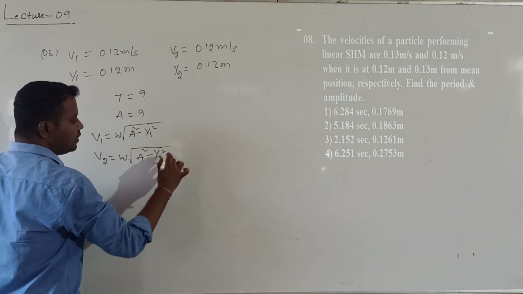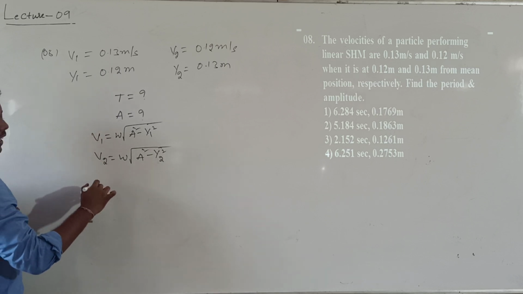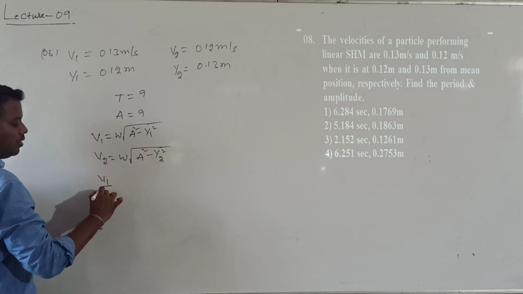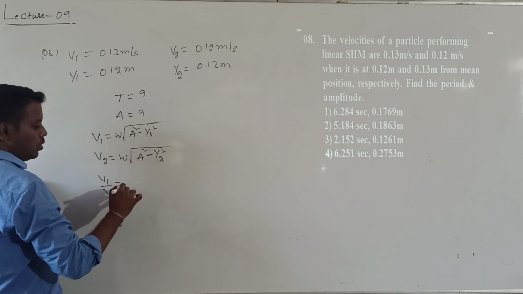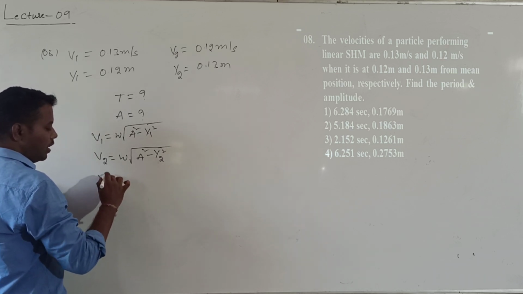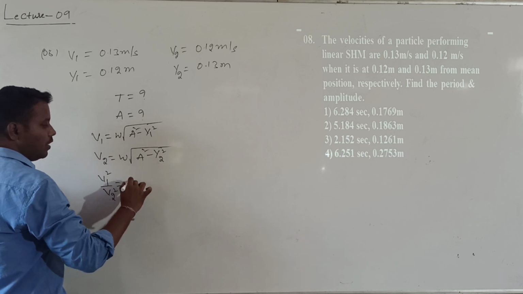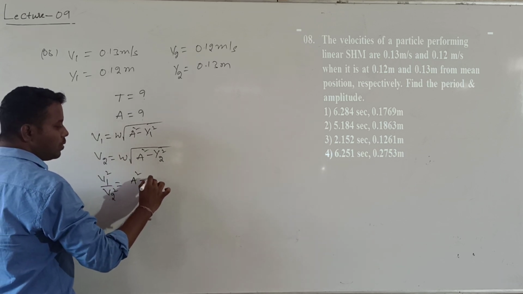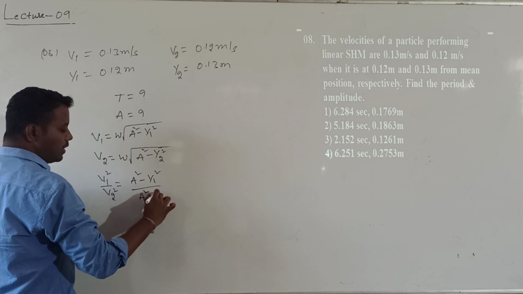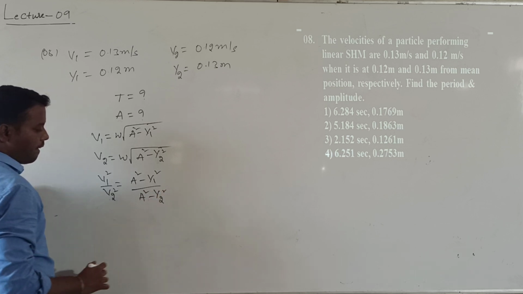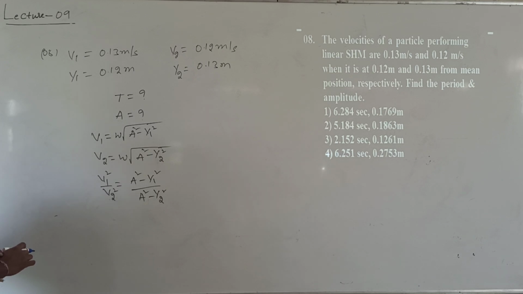By dividing these both, what do I get? v1 by v2 is equal to root of, or v1 square by v2 square is equal to a square minus y1 square divided by a square minus y2 square. So by using these two relations, we can calculate the value of A.